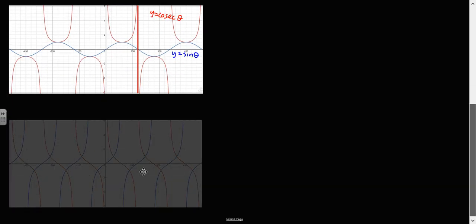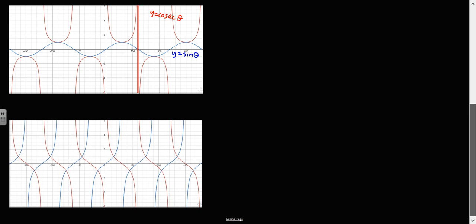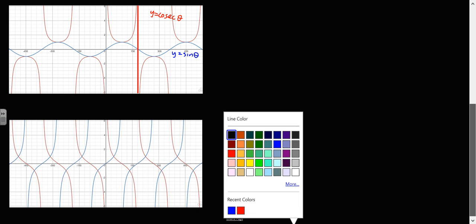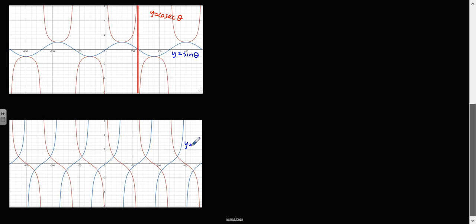The next one then, the tan graph, traditionally poses a little bit more of a problem, just because it has slightly different patterns than the other two. In blue, I've got y equals tan theta, and then in red, I've got y equals cot theta.